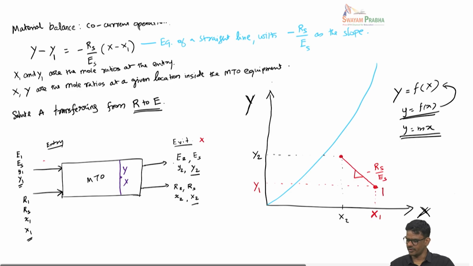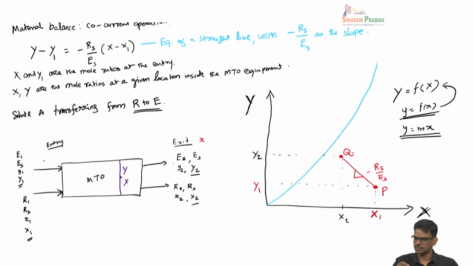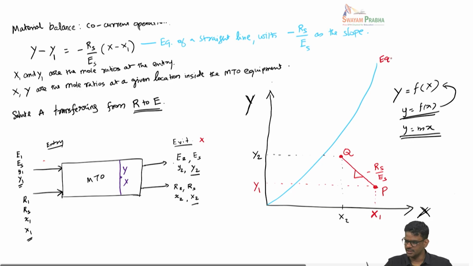We call this point P and this point Q. So this is the equilibrium line, and this particular line is the operating line or material balance line.